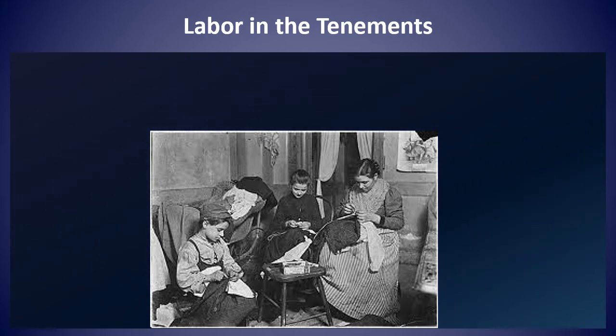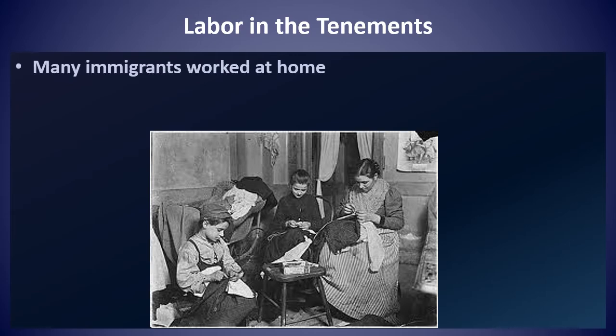People not only lived in tenements and raised their families in tenements, they worked in tenements. It was very common for migrants and poor people to work inside their tenement home, sewing goods that then would be picked up at the end of a week by the owner of the clothing factory.